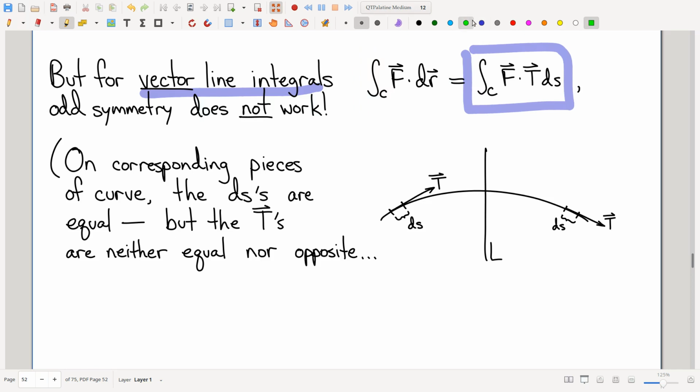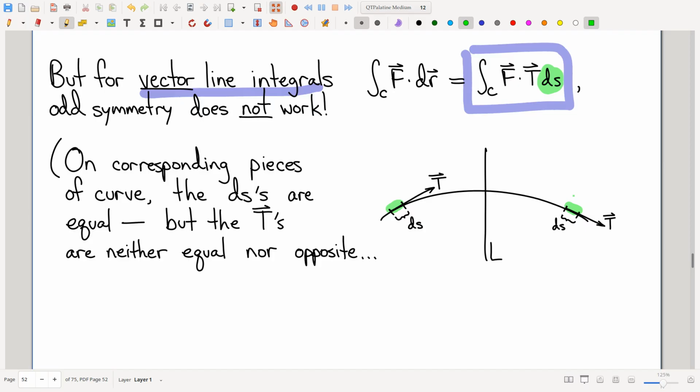If you look at the ds, I could argue that that little ds and this little ds are equal and opposite, right? They're reflections of each other. This is the same size as that. If I had an odd function, blah, blah, blah, sure. I mean, you'd think that we could make an argument like that work.